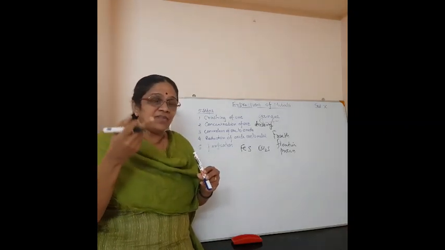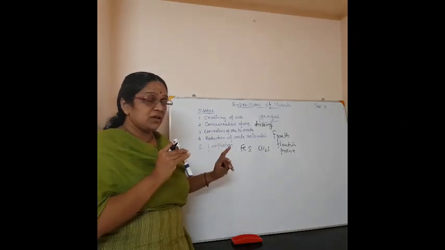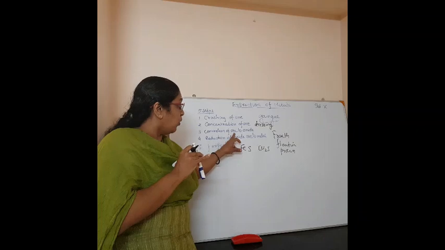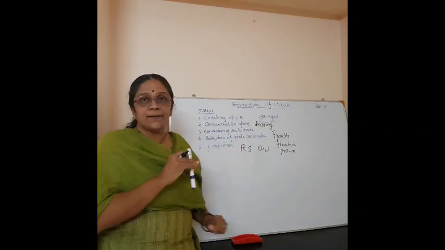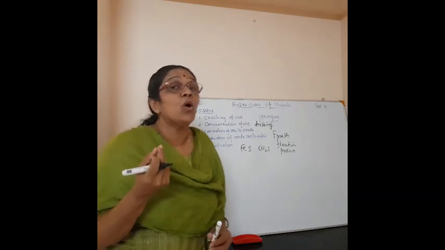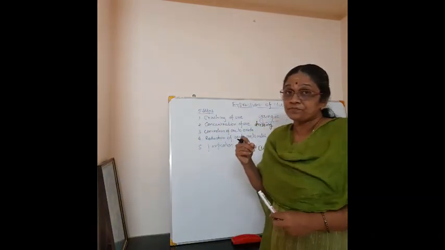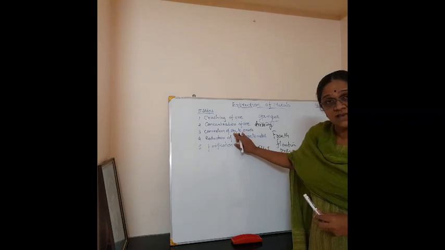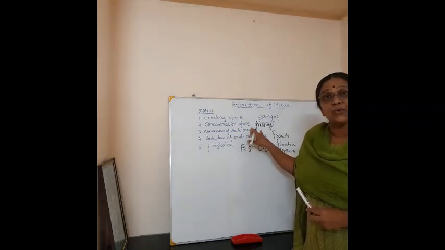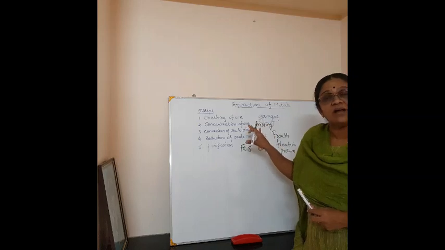We will deal with purification later. Now the third step is the conversion of ore to oxide. Why do we want to convert the ore into oxide? Because in the case of an oxide ore, it is easy to extract the metal.